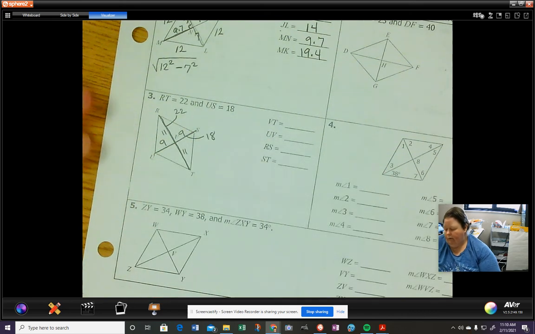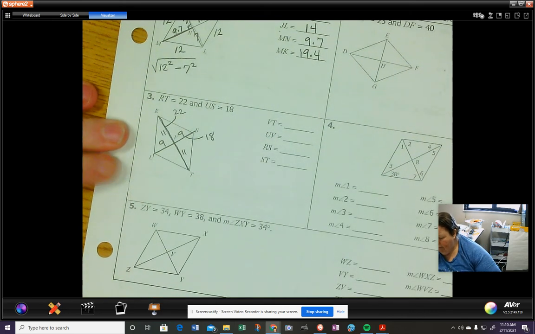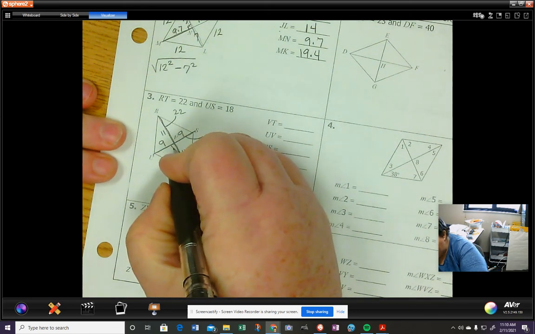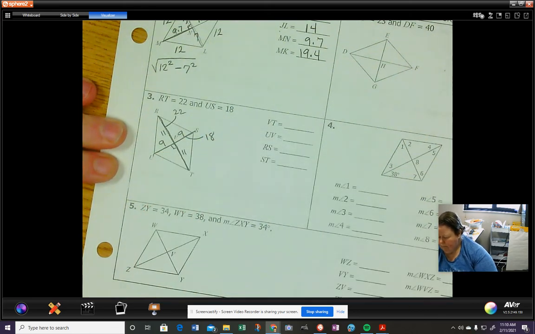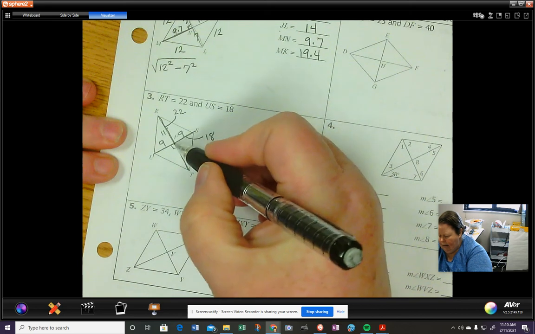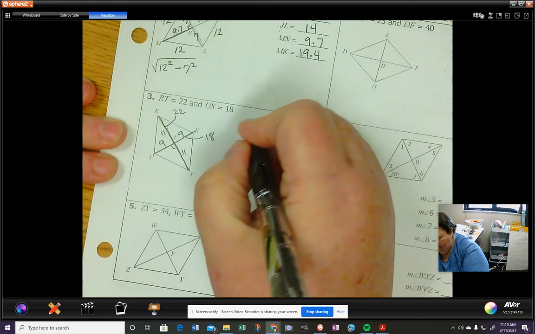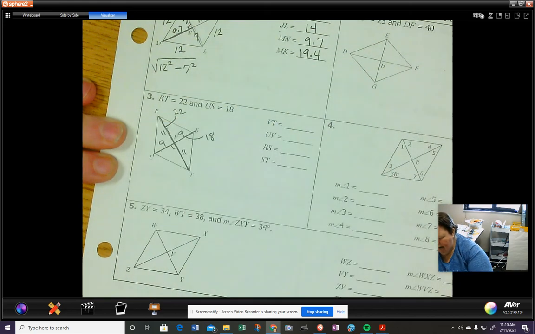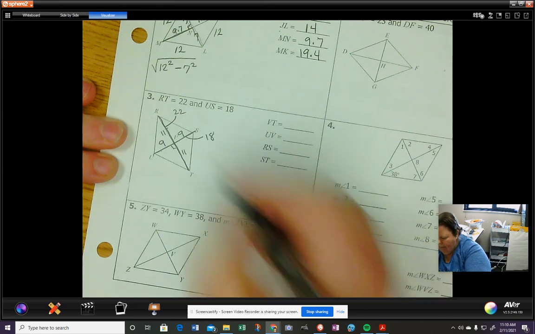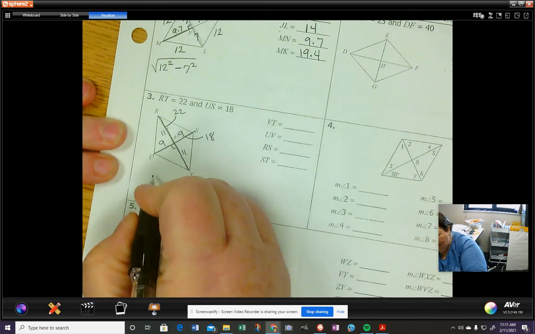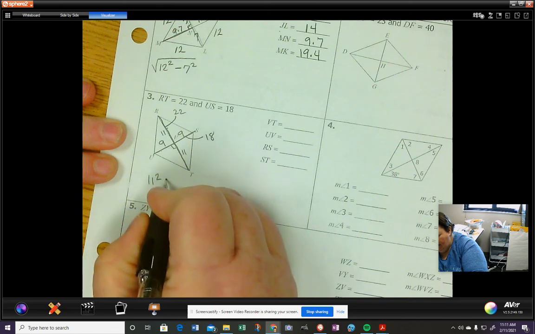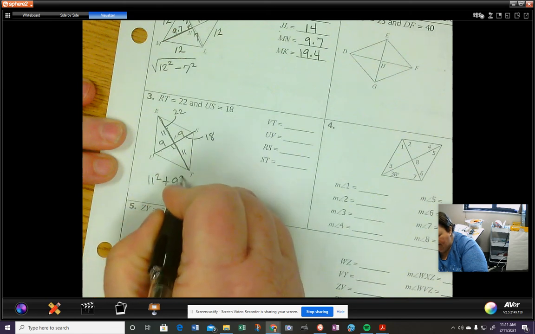So I've got four congruent triangles by side, angle, side. And I can figure out the hypotenuse by doing Pythagorean theorem. 11 squared plus 9 squared.